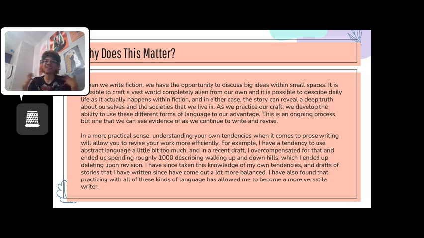But if I hadn't been aware that I have a tendency to not be particularly grounded in reality and like space and time, I never would have done that overcompensation. But in my revision, I already kind of knew that, so I was able to revise a lot more efficiently. And the feedback I got from my peers was I was able to discuss it more openly because I had already done that kind of self reflection.